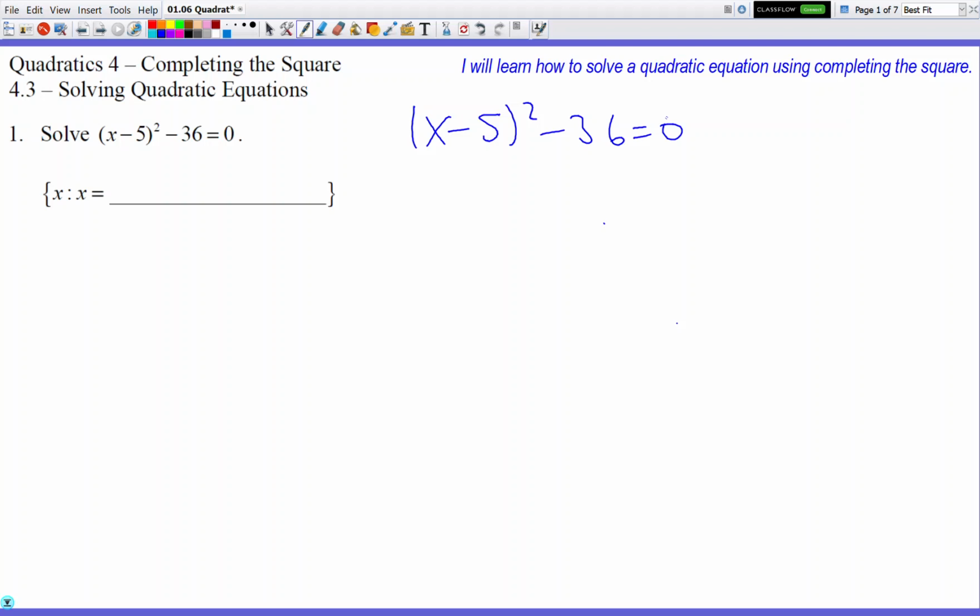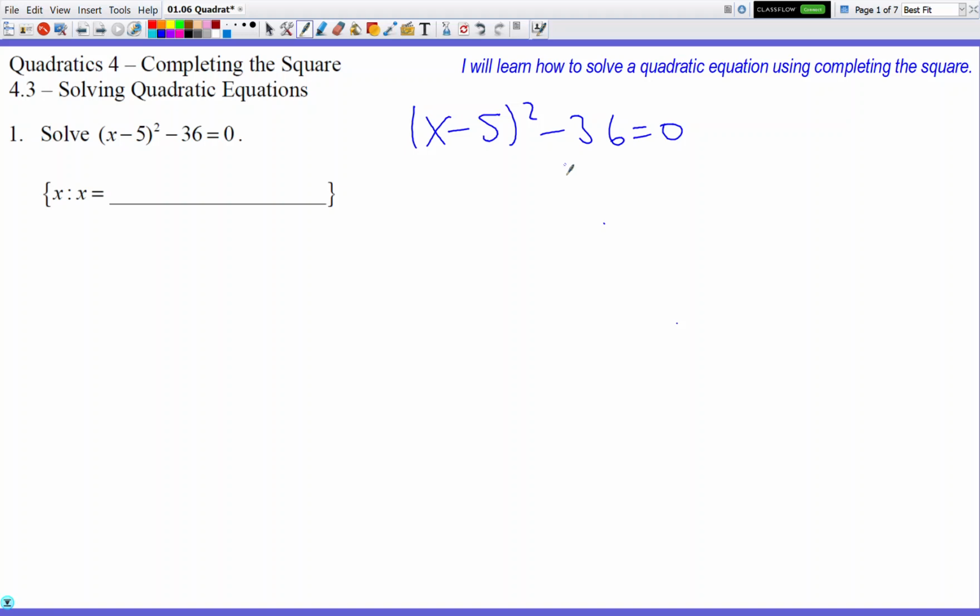Okay, so in this problem we have to get rid of three things: the negative 5, the square, and the negative 36. What I like to tell my students is that when I get rid of things attached to my x, I want to do reverse PEMDAS, reverse order of operations. Regular order of operations would deal with the parentheses first, then the square, then the negative 36 last.